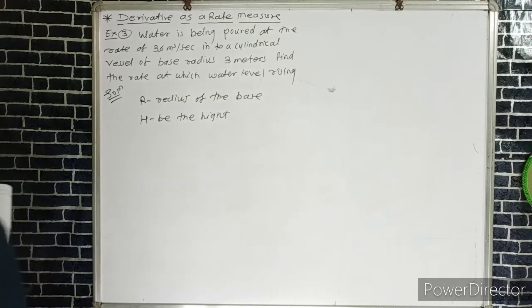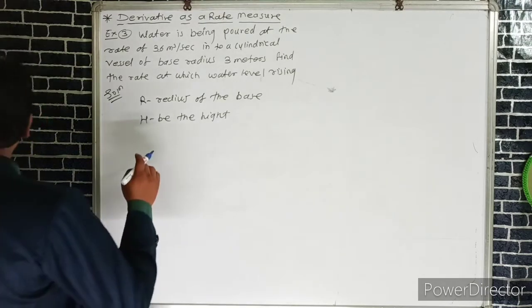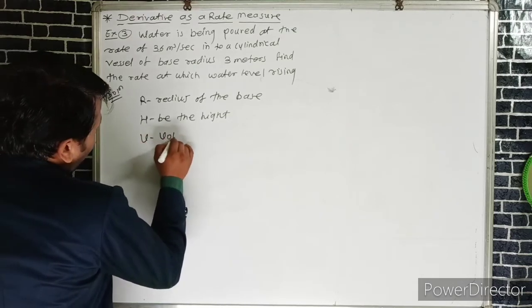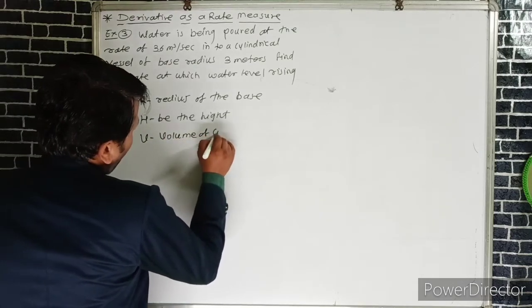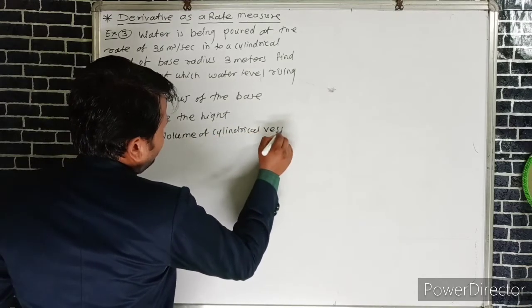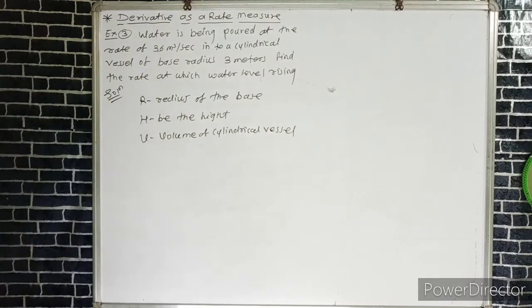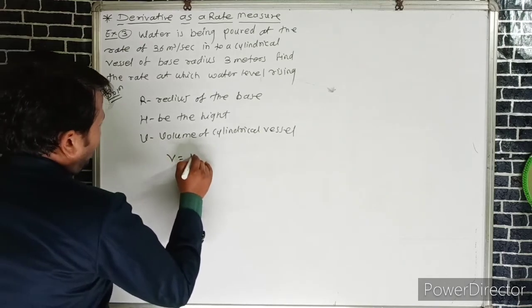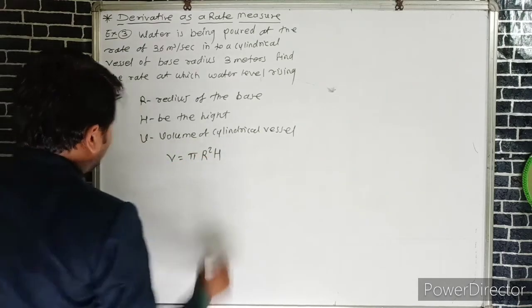After that, V be the volume of the cylindrical vessel. So we know that the volume of the cylindrical vessel V is equal to pi r square h.